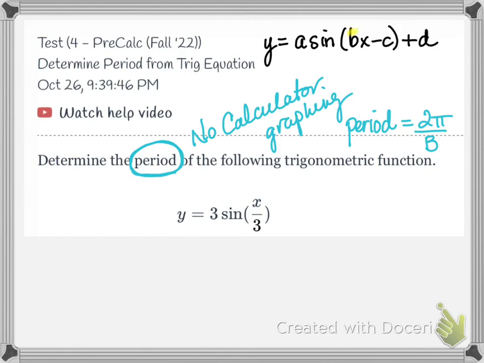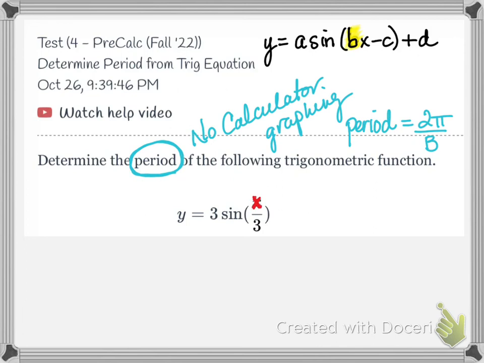Notice that your b value is right here in front of the x. Okay, so there we go. So we need to find our b value. Well, notice our b value is in front of the x. So here's my x, okay? And so inside this parentheses, I need to find my b value.